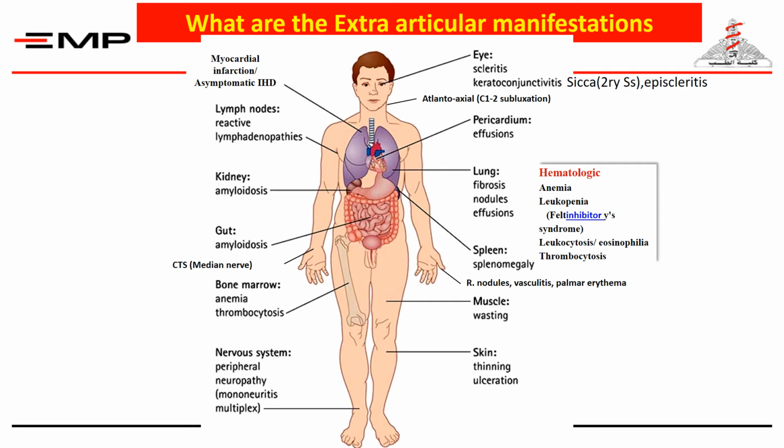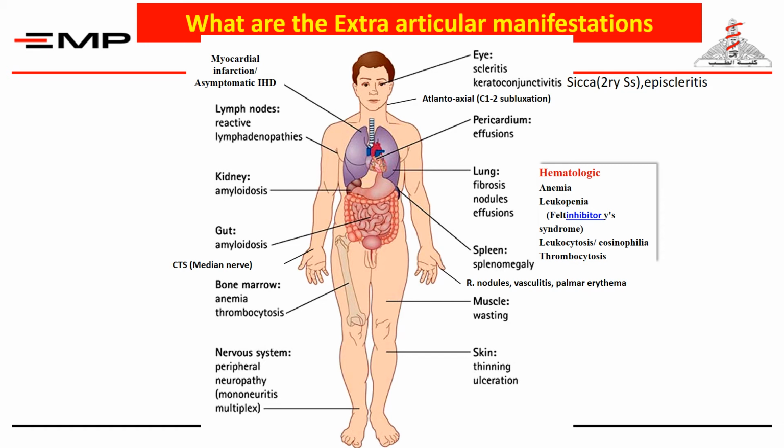When we go downwards, there may be atlantoaxial subluxation if there is affection of the joint between the first and second cervical spine. Also, there may be affection of the heart causing myocardial infarction or asymptomatic ischemic heart disease.